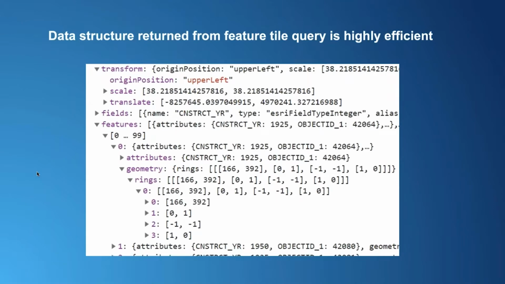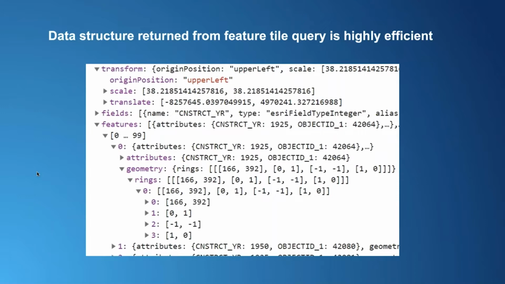And then this is what the data looks like. This is a JSON representation of what the PBF response might look like. You might look at these geometries here and think that they look a little weird. That's because we've optimized the way we fetch those geometries so it's highly efficient.